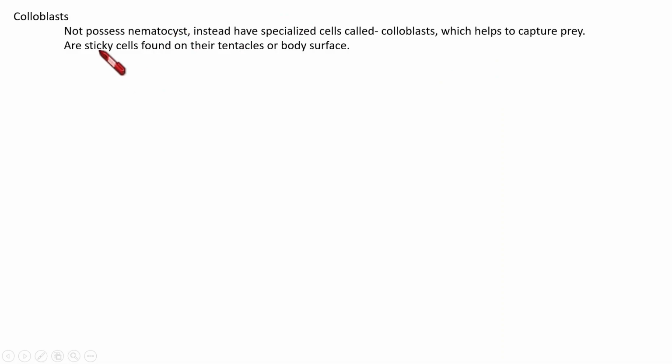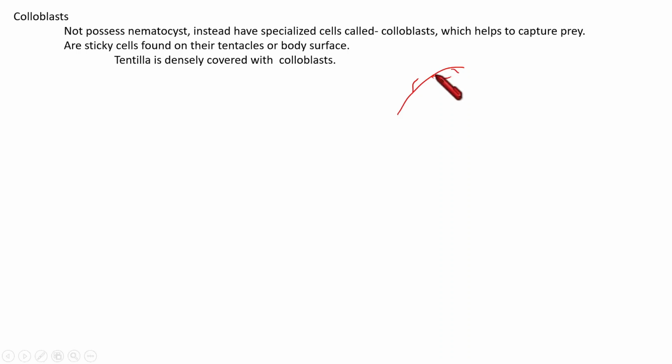They are sticky cells found in the tentacles, or they can also be present over its body surface. We have seen the tentilla, which are the side branches that emerge from the main tentacle.